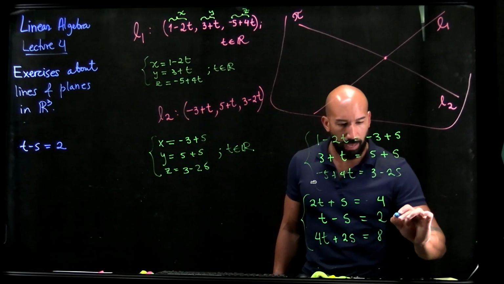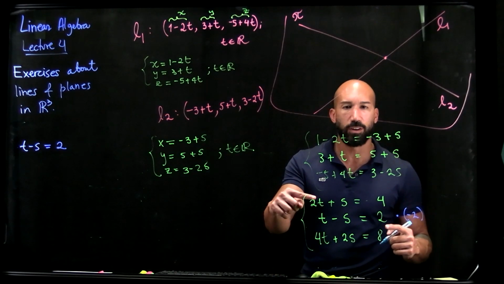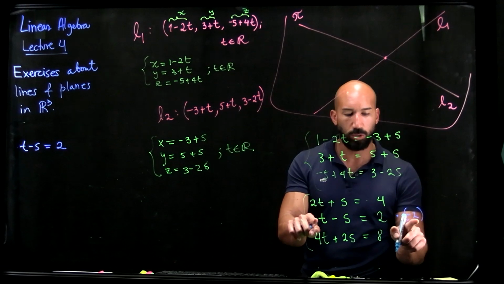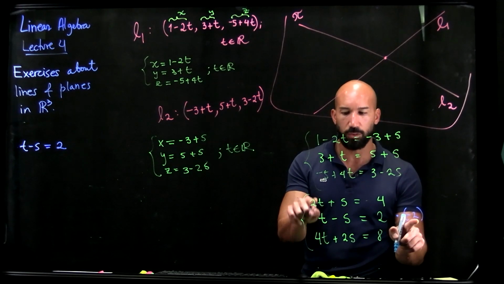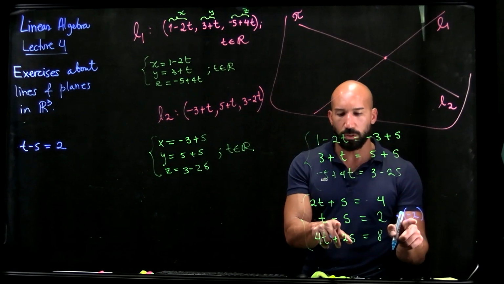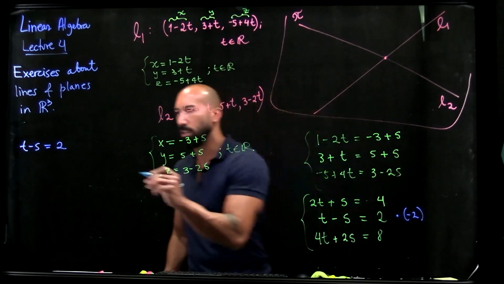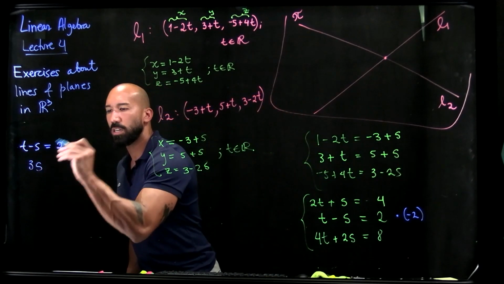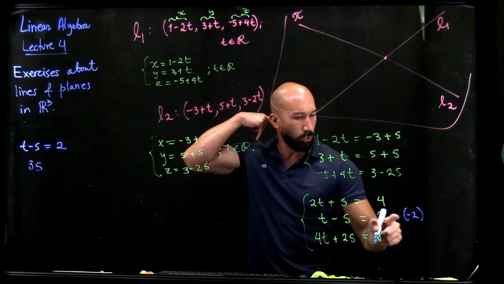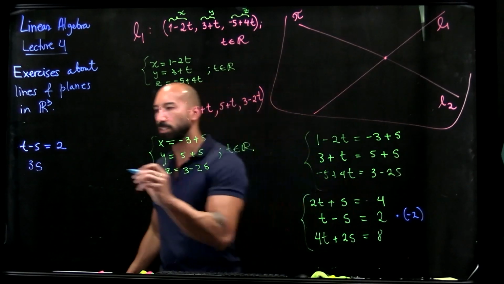If I multiply this equation by negative 2 and I add it to the first, minus 2 times 1 is negative 2 plus 2, 0, so t goes away. Minus 2 times minus 1 is positive 2 plus 1, I'm going to get 3s here. Minus 2 times 2 is negative 4 plus 4, 0.